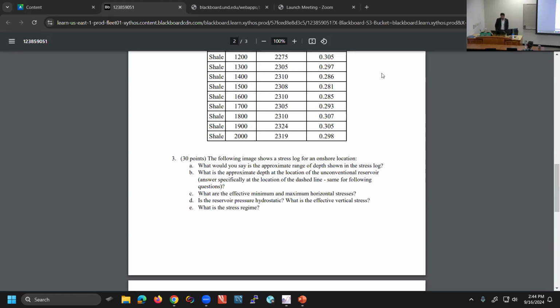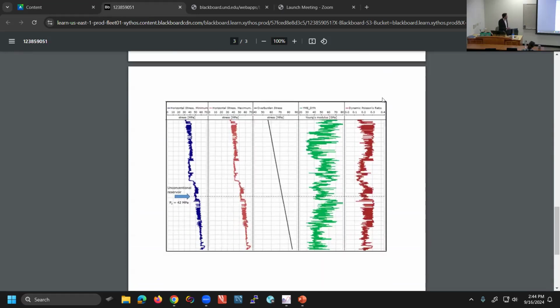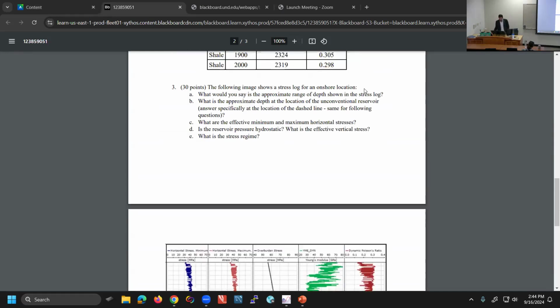The following image shows a stress log on location. So what would you say is the approximate range of depth? I think I pretty much answered it. We said about the rule of thumb of 1 psi per foot. What is the approximate depth at the location of the unconventional reservoir?